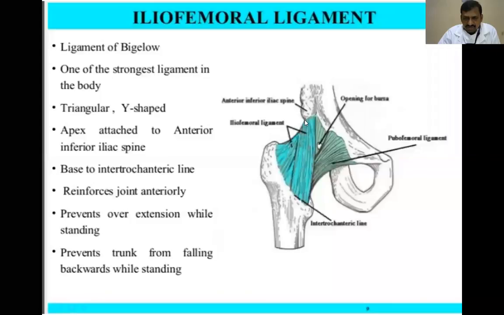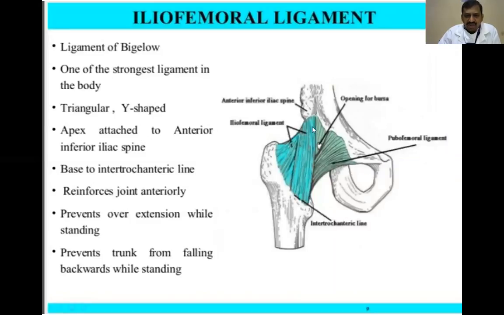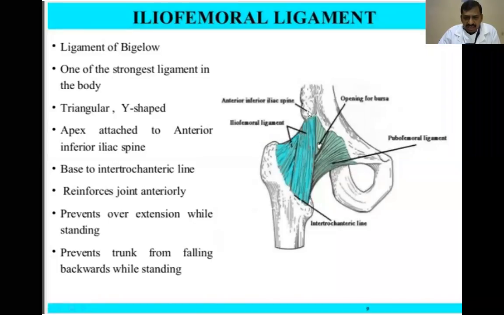You see, this is the stem of the Y. These are the two limbs of the Y. The apex is attached to the anterior inferior iliac spine. Already you know the anterior inferior iliac spine, the anterior superior iliac spine, and the anterior border of the ilium. The stem of the iliofemoral ligament is attached to the anterior inferior iliac spine.